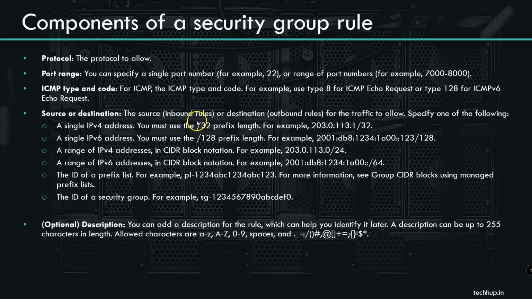So whenever you are defining only one IP address and not a range of IP addresses in your source or destination, you have to add the prefix length of 32, because otherwise it will not accept the entered IP address when you try to save that particular rule. So this is an important thing to remember.